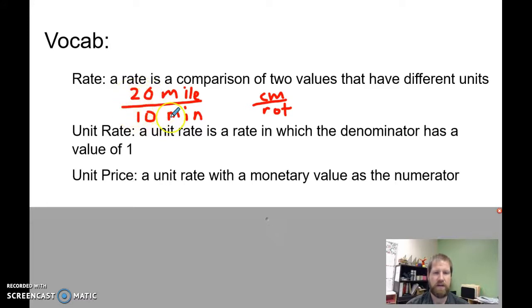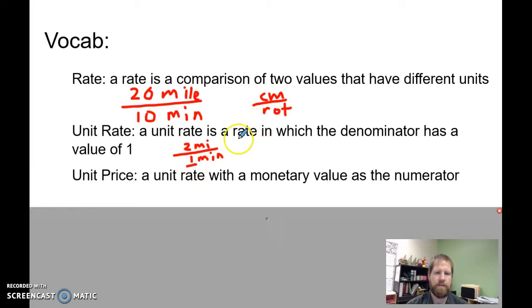That's actually really fast. 20 miles every 10 minutes, so maybe I'm driving or flying, then I would simplify that to saying I'm going 2 miles every 1 minute. And that 1 is what makes it a unit rate, the fact that it's just one single unit in the bottom.